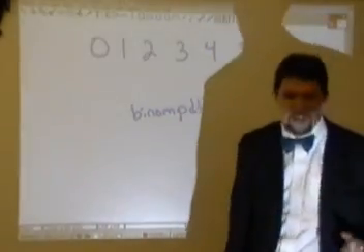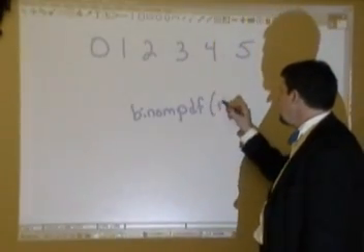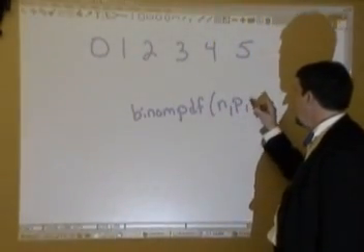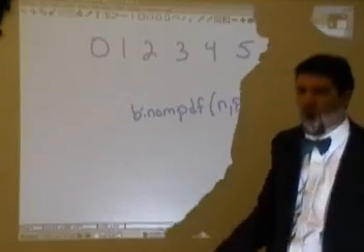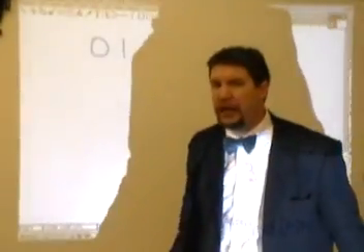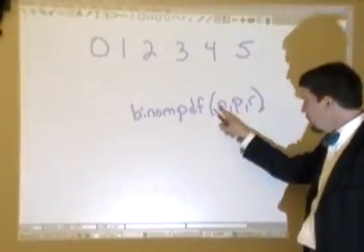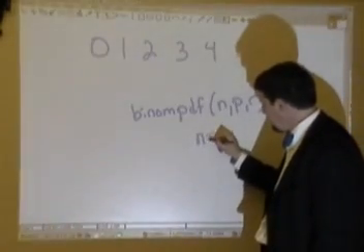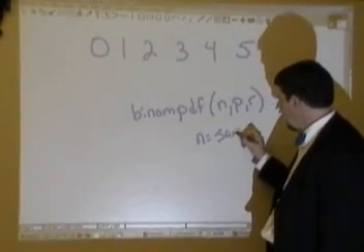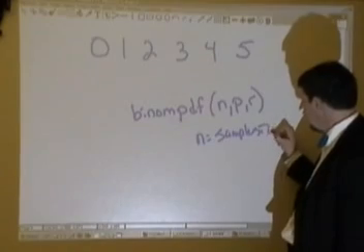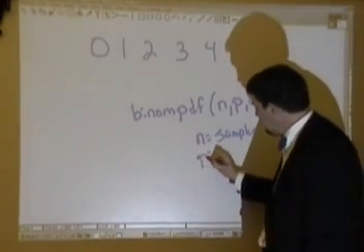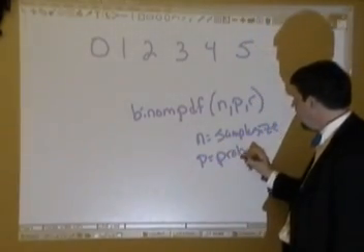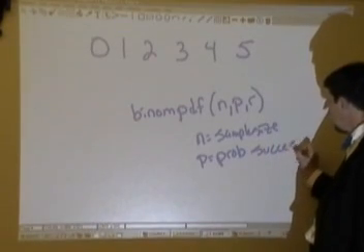The syntax in the calculator is N, P, R. N is the sample size: how many kids are they going to have? P is the probability of success.